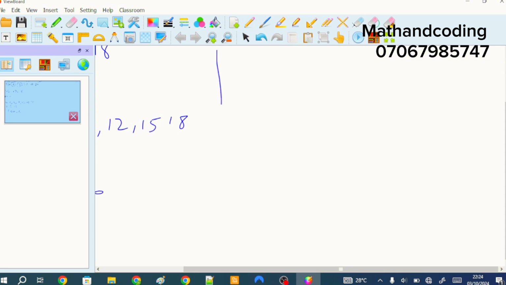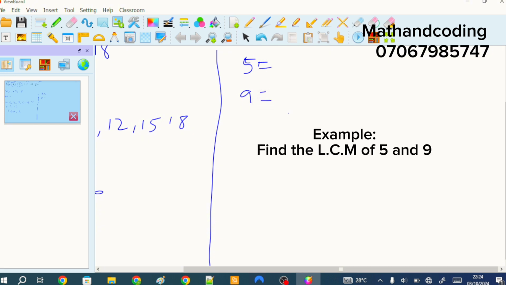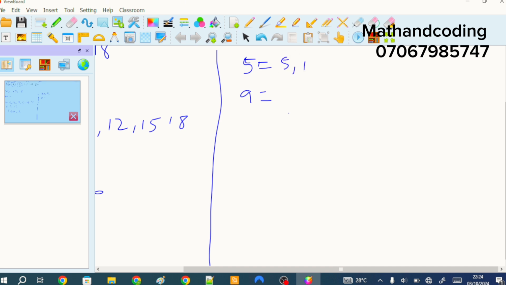So let's look for the LCM of 5 and 9. Find the LCM of 5 and 9. If we write multiples of 5, we're going to have 5, 10, 15, 20, 25, 30.